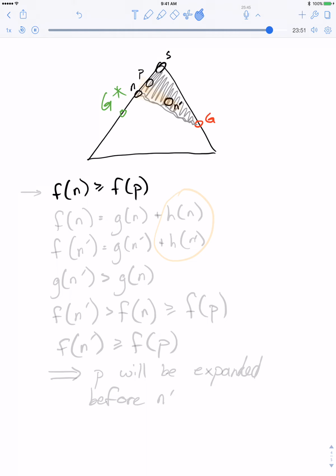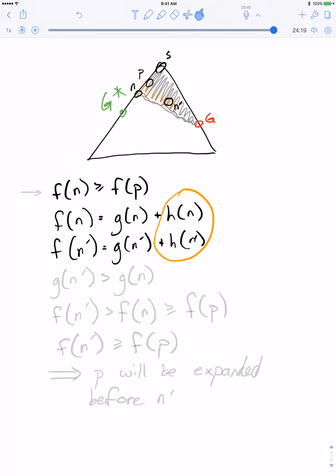Well, we can also compare f of n and f of n prime. Remember that f of n equals g of n plus h of n. F of n prime equals g of n prime plus h of n prime. n and n prime both have the same state, so these two right here are equal.